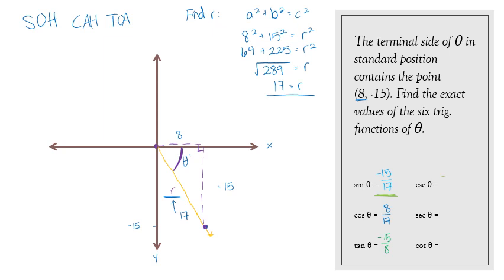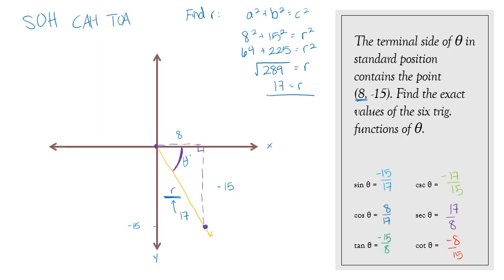So we'll say this is negative 17 over 15. Same for the others. I'm just going to pick new colors. 17 over 8. And let's do red. Negative 8 over 15. Okay, so those are the 6 exact trig functions of theta.